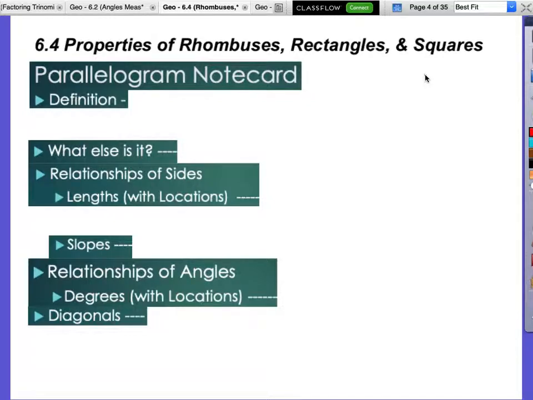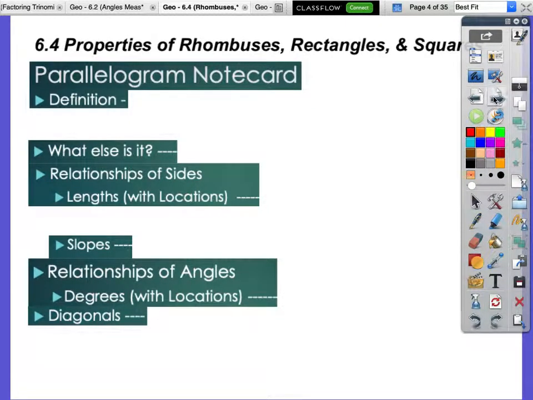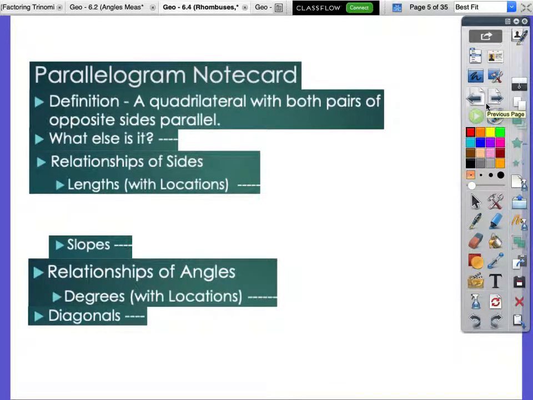So for parallelogram, the definition is it's a quadrilateral with both pairs of opposite sides parallel. Now we already knew that. And ways we can shorten this up: you can shorten quadrilateral to Quad.